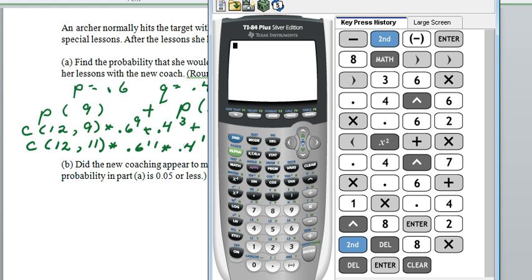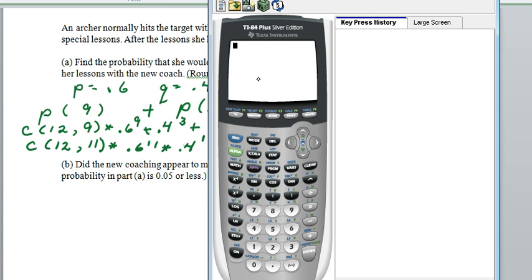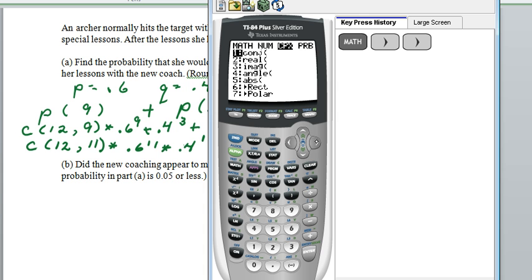So let me clear what I have on the calculator here. And so we'll start with math, 3 right arrows. And I'm sorry, I forgot to enter the 12 again. This is one of my issues. So I pressed clear, and I'll start over again.